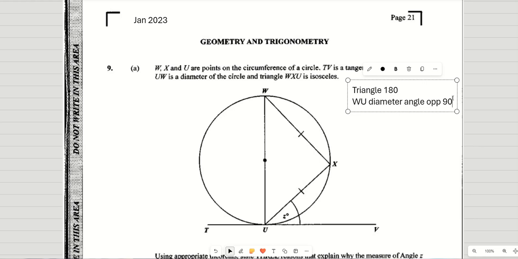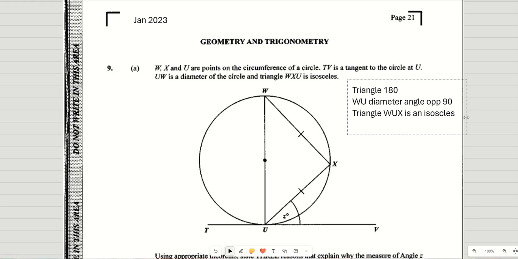Alright? Next thing you should know is that triangle WUX is an isosceles. Well, I didn't say that, but the question said that.